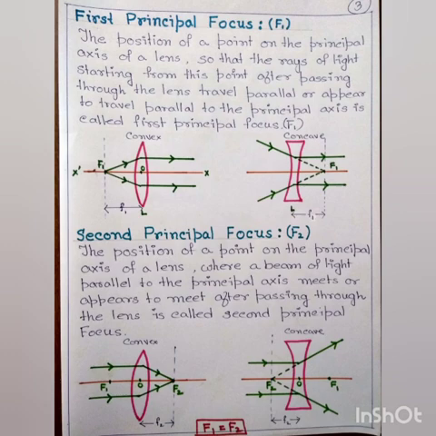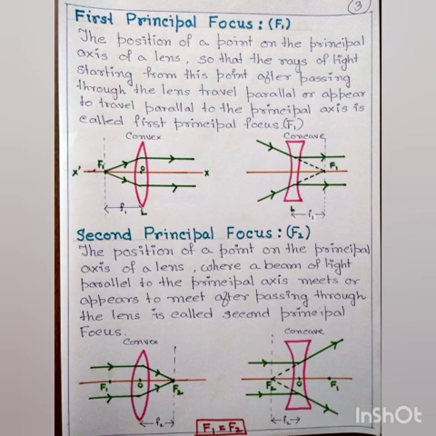Here the emergent rays are parallel to the principal axis, and the rays started from a particular point on the principal axis, and that point is known as the first principal focus of the convex lens.